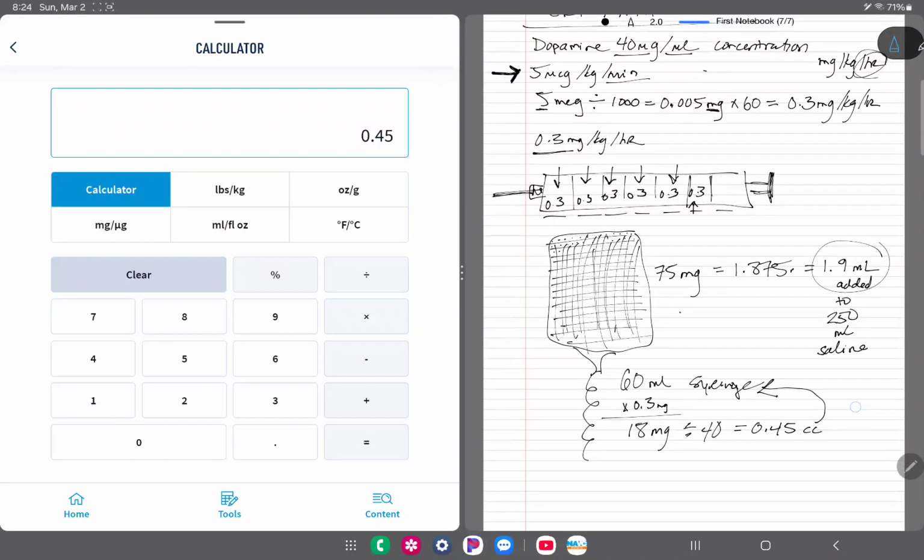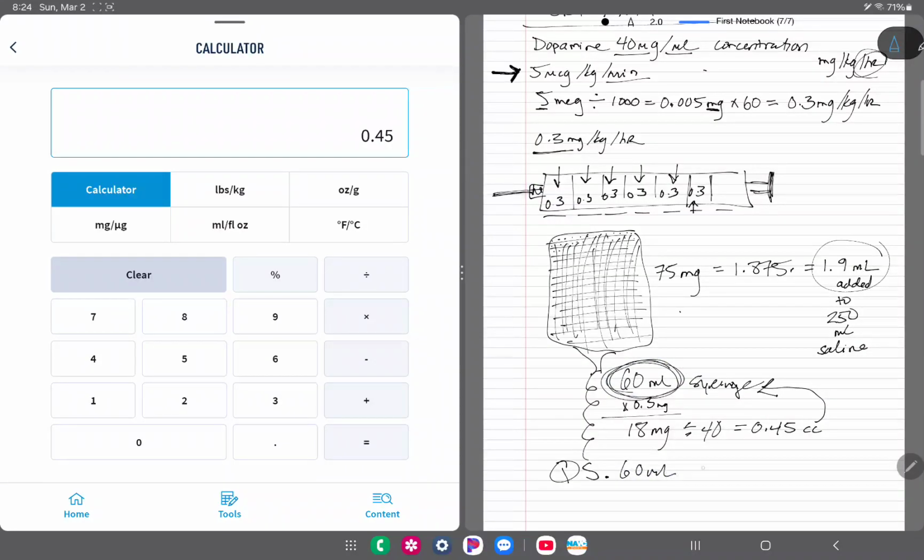Now, if you remember from a video or so ago, there's a concept of QS, quantity sufficient. If I said I was going to only work with 60 mils total, I cannot fill up my syringe with 60 mil and then add my 0.45 cc's, because now I'm at 60.45 cc's, and that's not how I did the math.